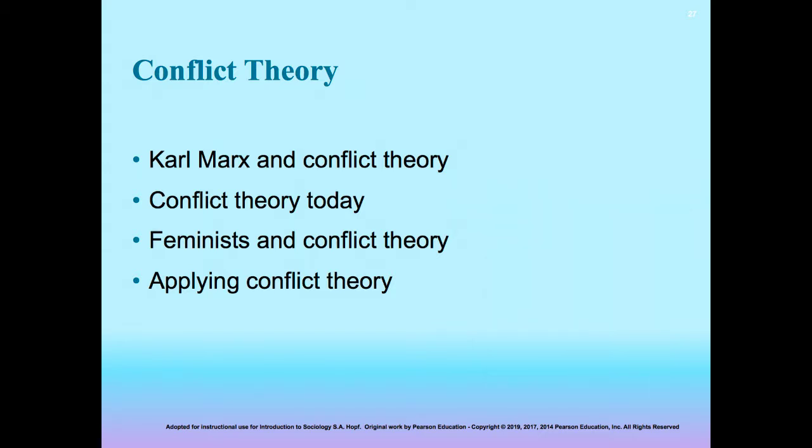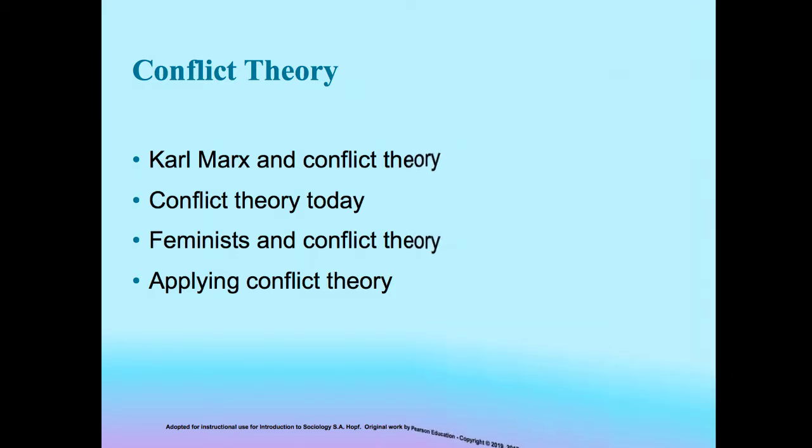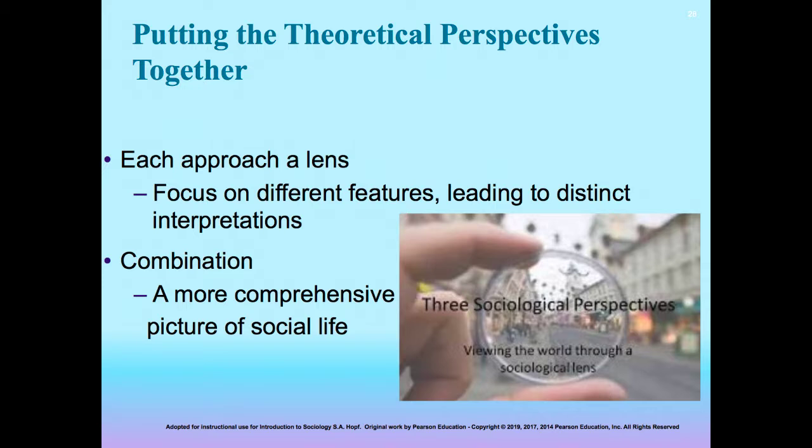It's popular with groups that have subordinate status, such as feminists, because it relies first and foremost on the power differentials between groups and allows us to examine social structure relative to life opportunities.